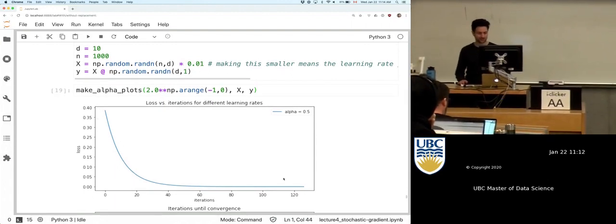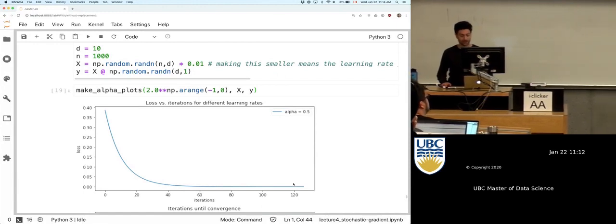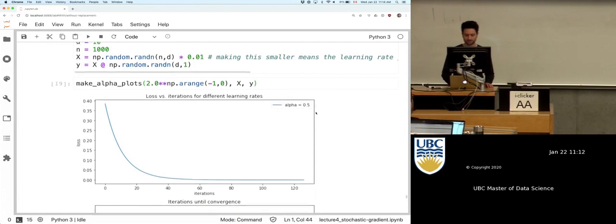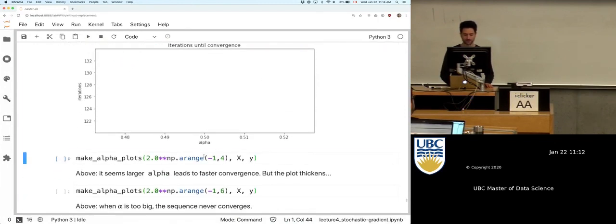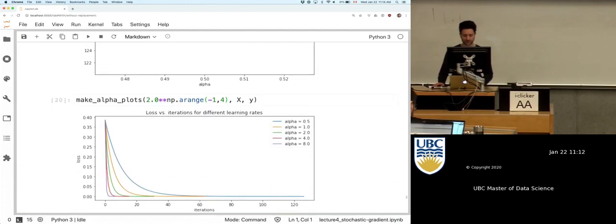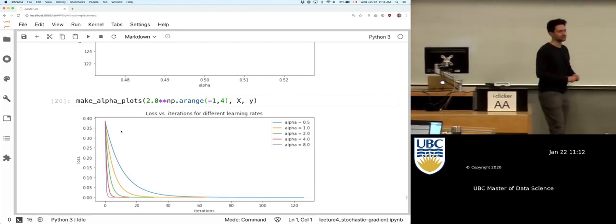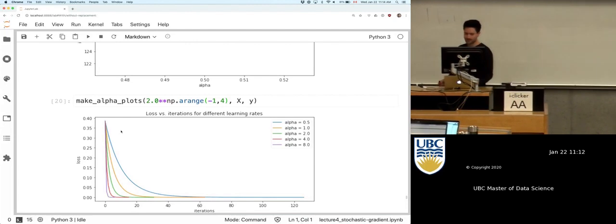So now this is regular gradient descent, so we get this nice smooth decrease in the loss per number of iterations. And then what I'm also doing in these plots is showing you that for different values of the learning rate. So this is just some other problem. It's not exactly the problem I was showing you before, but it's some made-up linear regression problem.